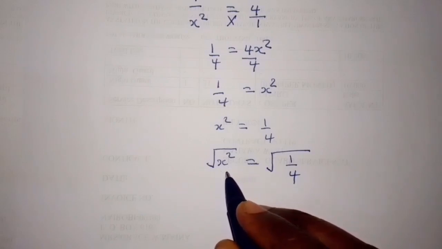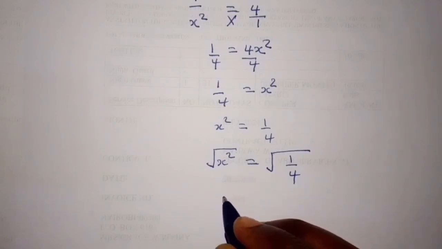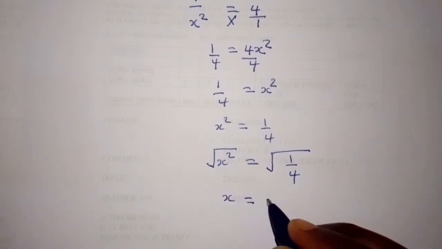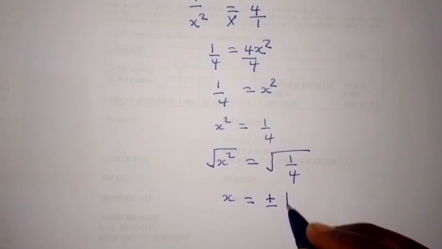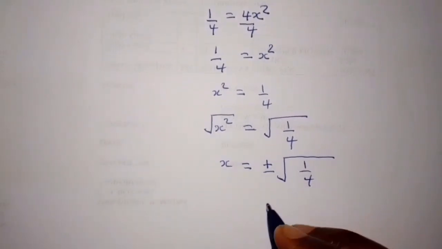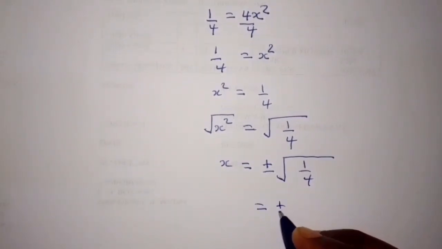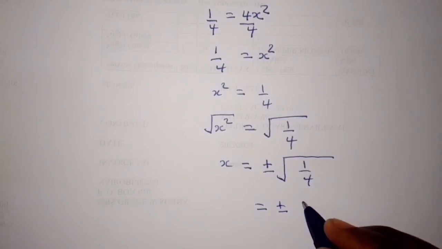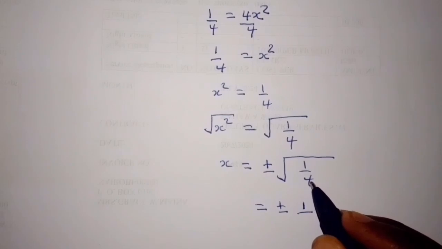So on the left hand side we end up with x is equal to plus or minus the square root of 1 over 4, which is equal to plus or minus the square root of 1 is 1, the square root of 4 is 2.